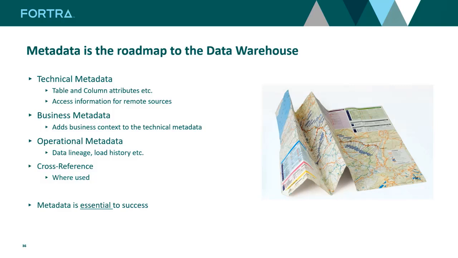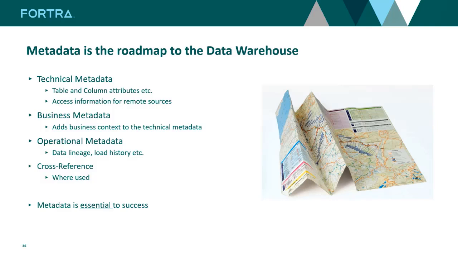First of all, technical metadata, and this describes the data warehouse tables and the indexes, the column names, the table names, data types and lengths, and other database related information. Then there's the business metadata, such things as the business rules that we use in the ETL processes, how a derived value such as net sales was calculated, for example.